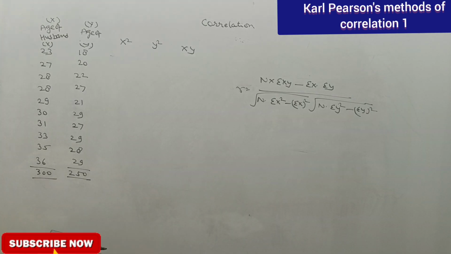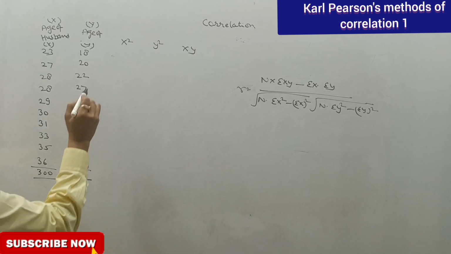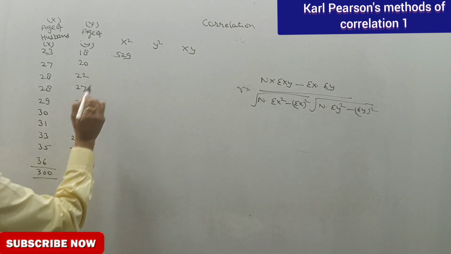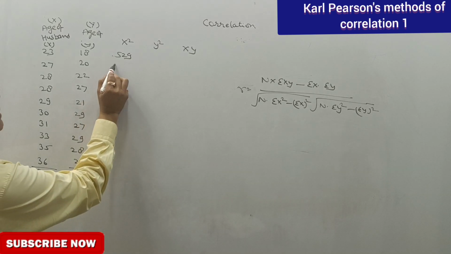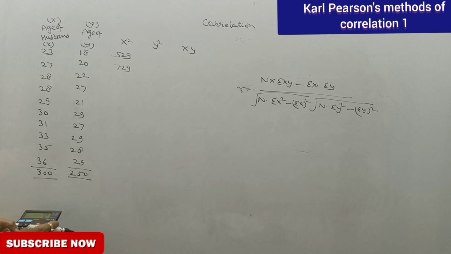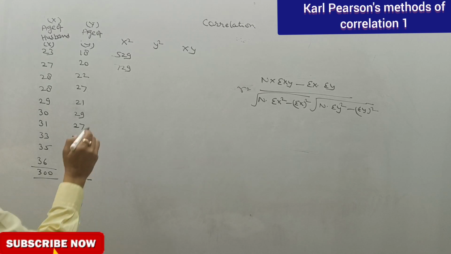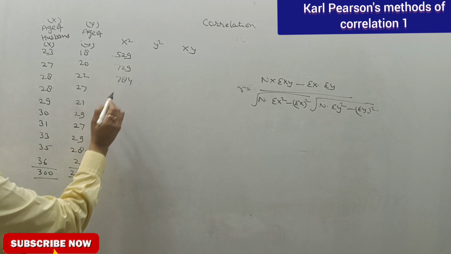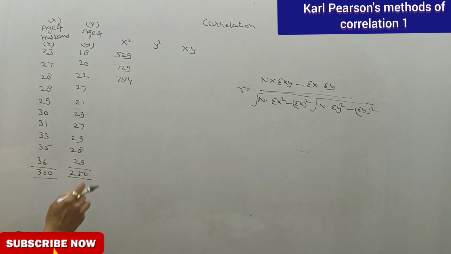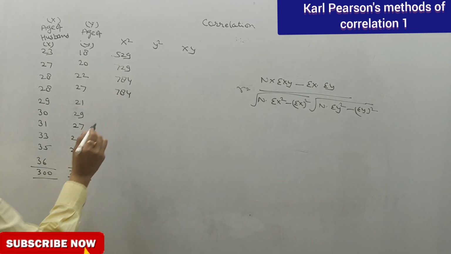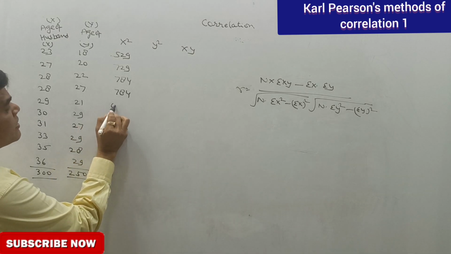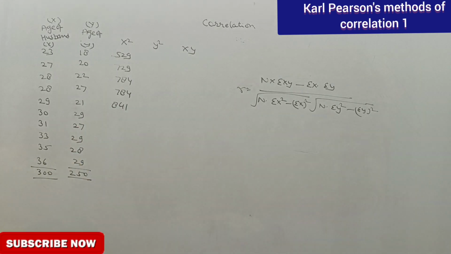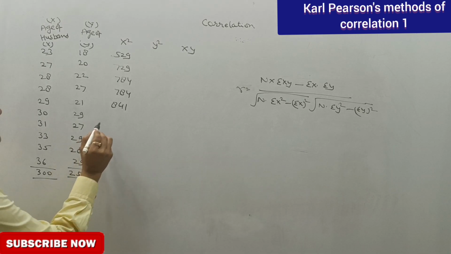Now x square is required. 23 multiplied 23, that is 529. 27 multiplied 27, that is 729. 28 multiplied 28, that is 784. Again 784. 29 multiplied 29, that is 841. 30 multiplied 30, that is 900.